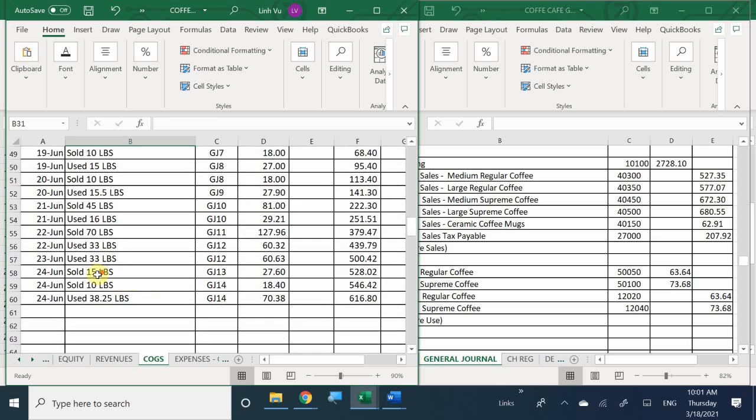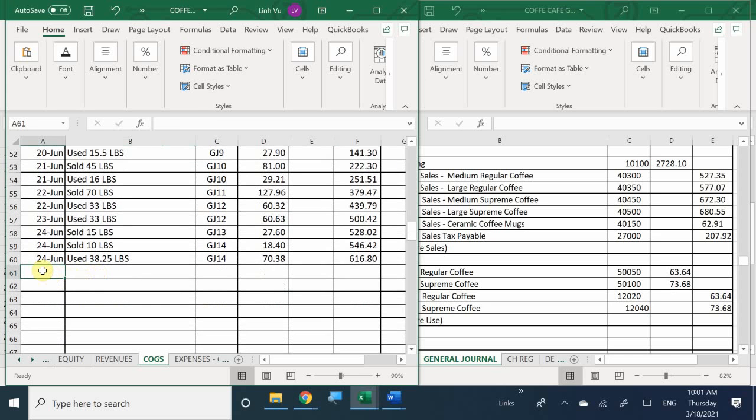Then we're going to go down to Supreme Coffee. We used 40 pounds. $73.68.